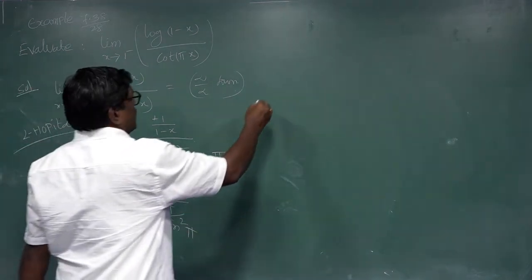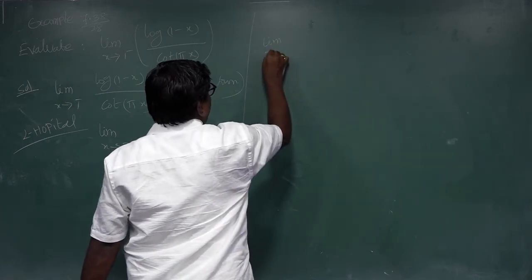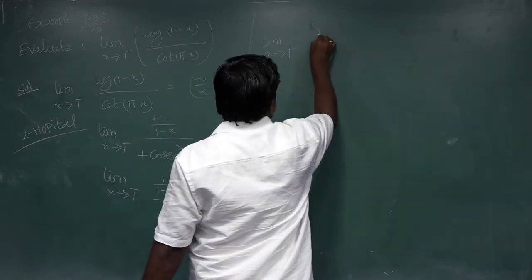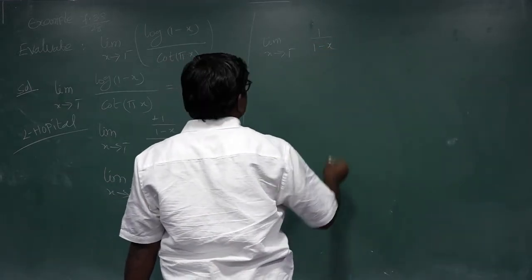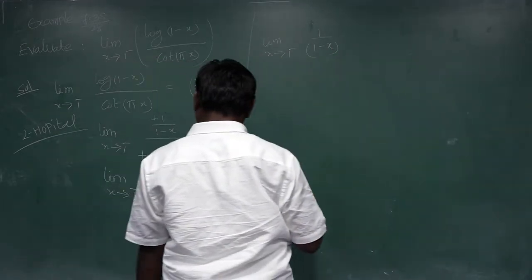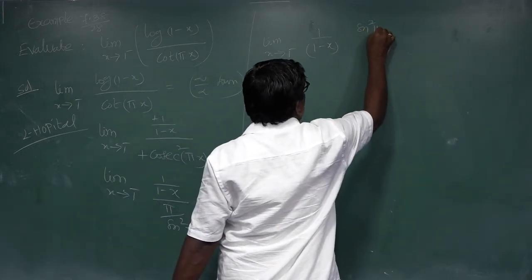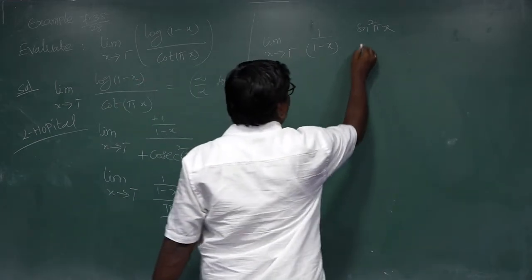This is limit x tends to 1 minus, 1 by 1 minus x into pi sin square pi x by pi.